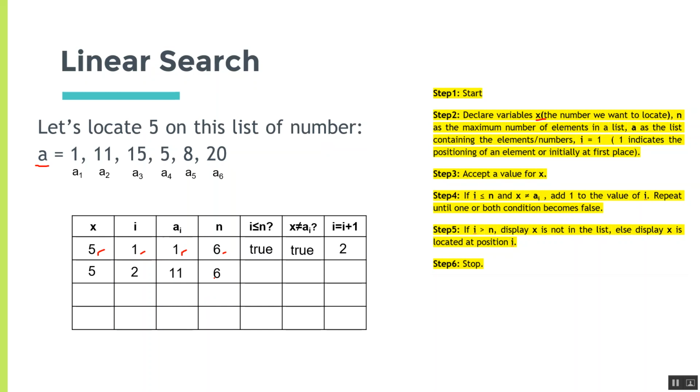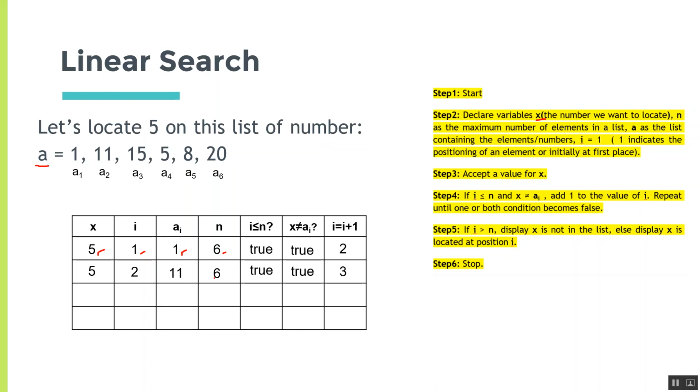Yes, true. Now, is x, which is 5, not equal to a sub i, which is 11? Yes, it's still not the number that we're looking for. So it's still true. After that, i equals i plus 1. Our current value for i is 2 plus 1, that's 3.